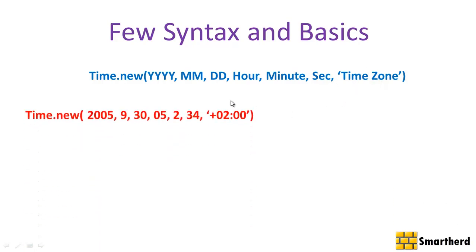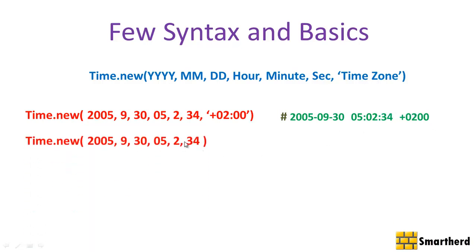Now, suppose we initialize the Time object by this syntax: Time.new 2005, 9, 30, 5, 2, 34, plus 0200, whatever. So it is going to create a Time object with this specification: 2005 September 30, then after that the time is 5:02:34 like this, and plus 0200 indicates the time zone.